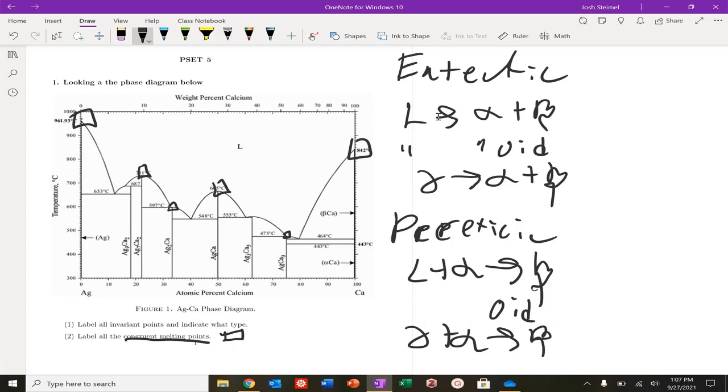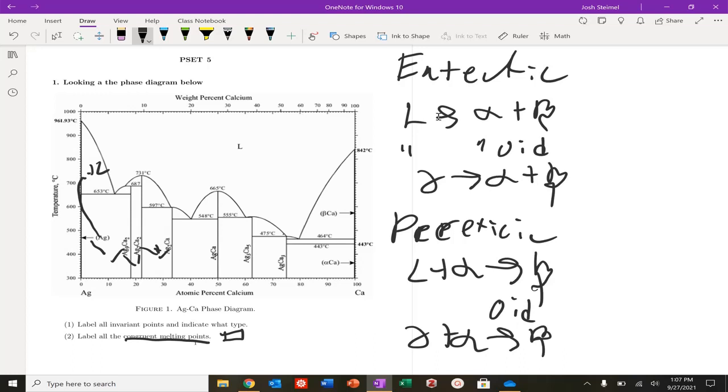So I'm actually going to erase so you can see what else is happening. Let's also label the phases. So our phases here, this will be this plus liquid, and then this two-phase region, this two-phase region, and this two-phase region.